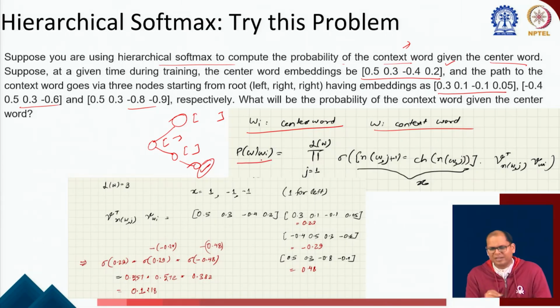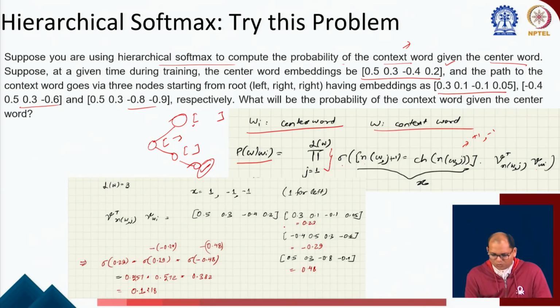So the probability of w given w_I is given by going through the entire path. At each step you do a sigmoid over: if the next node is the left child, you do +1, otherwise you do -1, times the vector for that node and the vector embedding for the center word. So one is 1 left and 2 right.